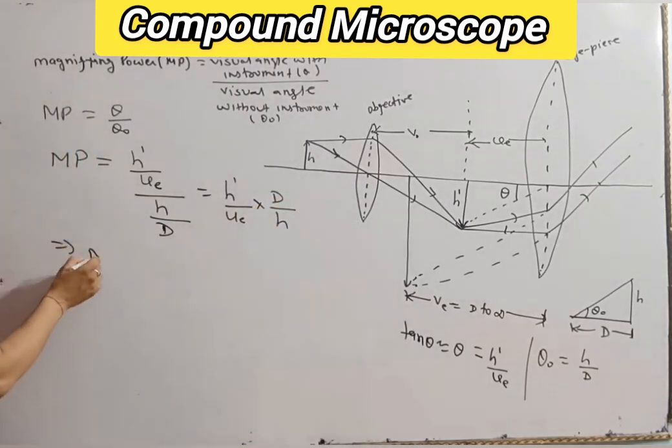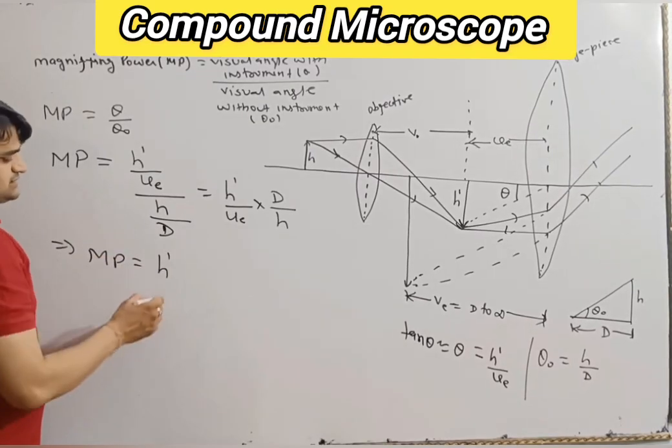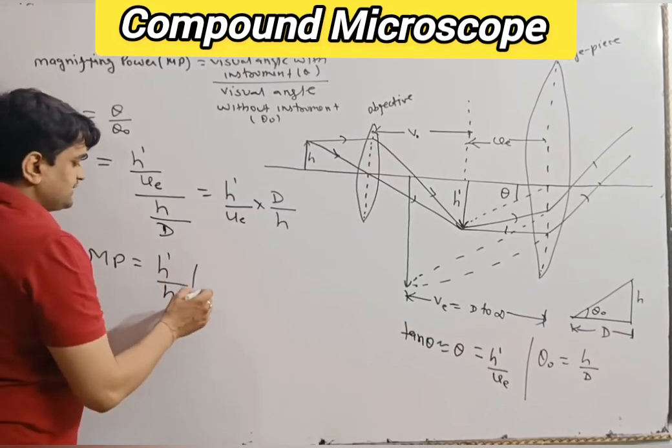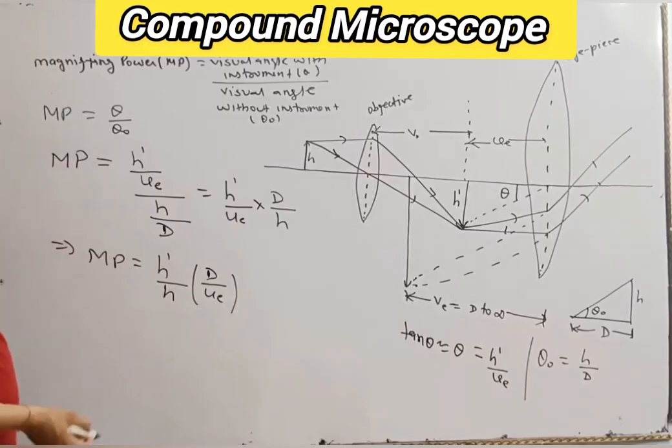Now we can write that MP equal to H dash upon H and D upon UE.